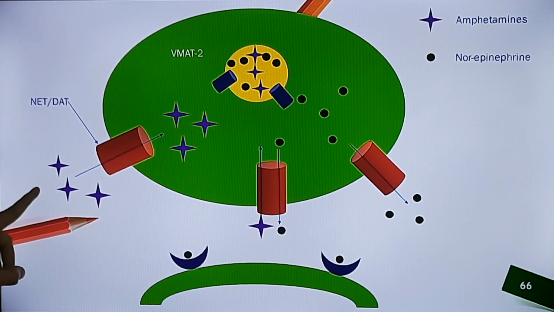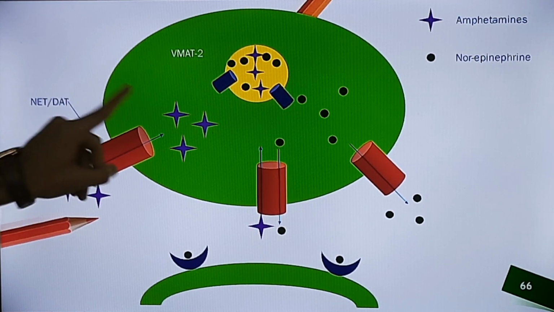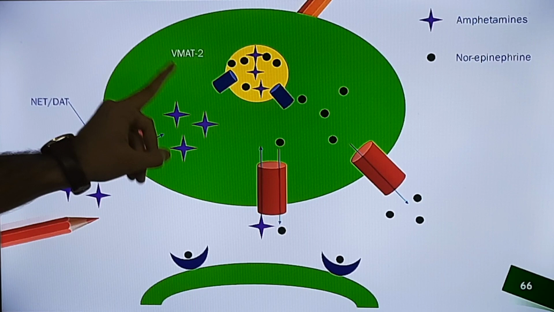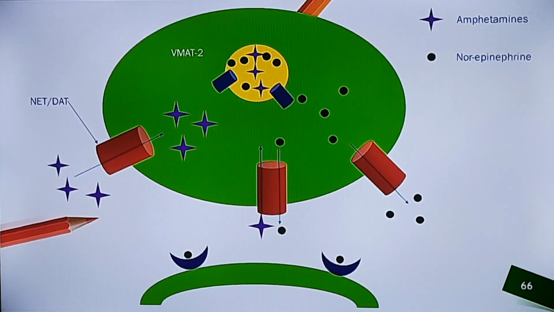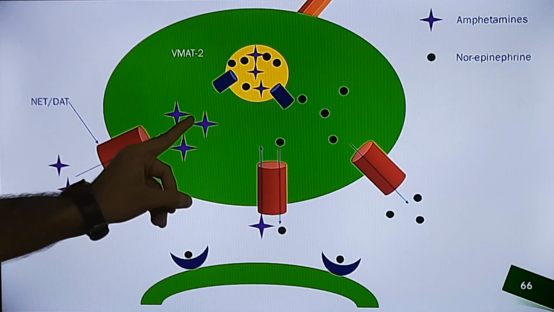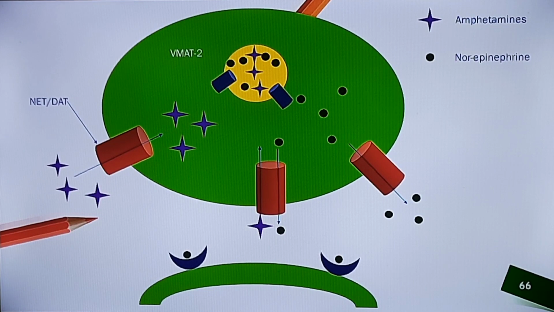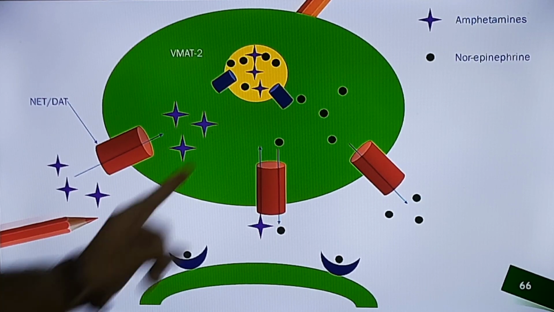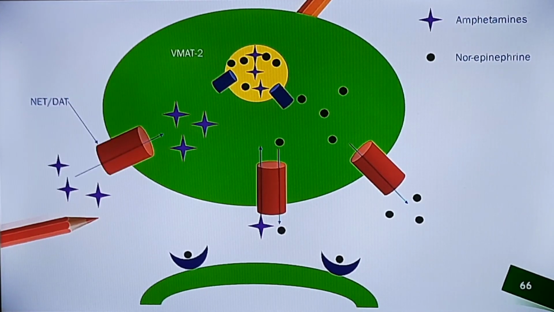These star shaped molecules are our amphetamines. This blue structure, let's consider it as our VMAT transporter. This dark green color components, let's assume it is our norepinephrine. This yellow circle is our storage vesicle where our norepinephrine is stored.